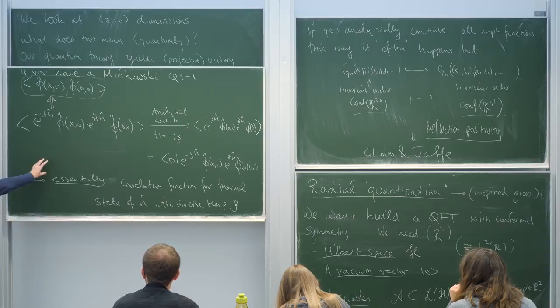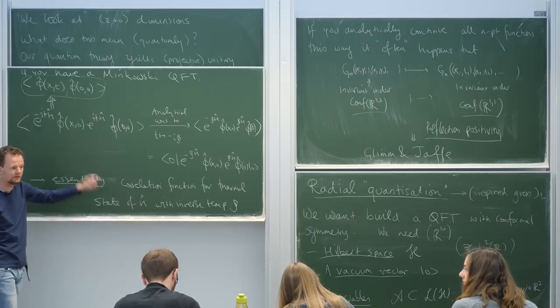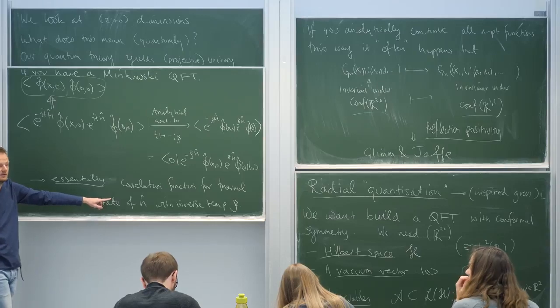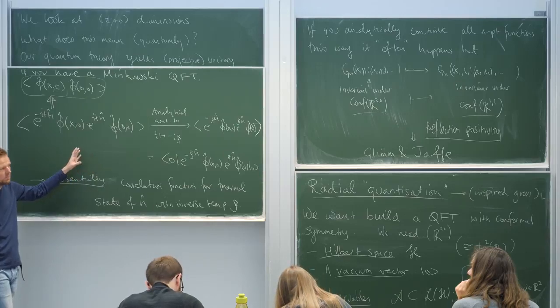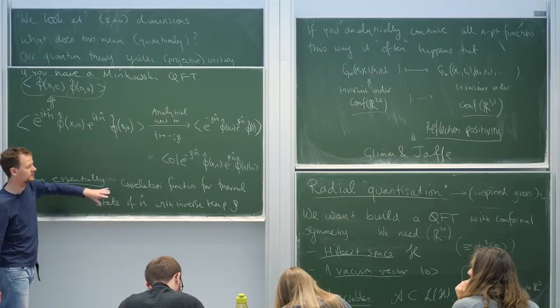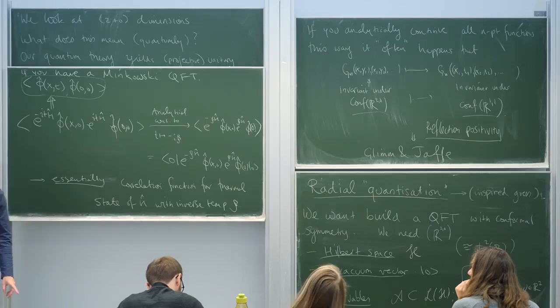Instead of doing Minkowski, then analytically continuing, then writing out these correlation functions, we'll just say, let's suppose we have a quantum system at inverse temperature beta, write out the path integral for that theory, and then argue that the theory exhibits a conformal symmetry under the conformal group of Euclidean space.